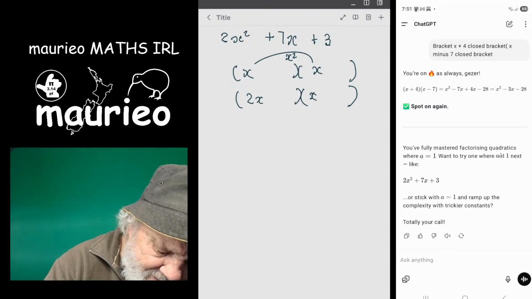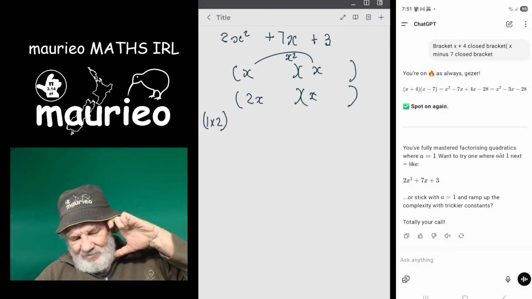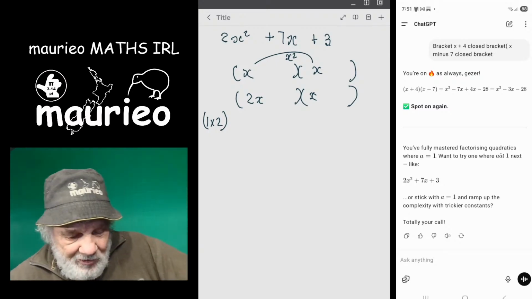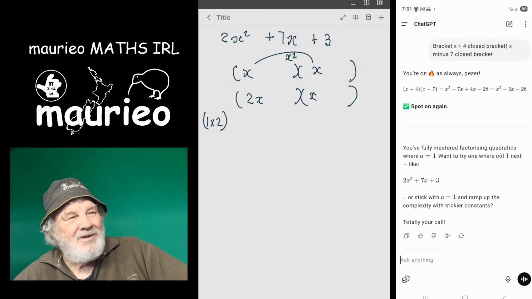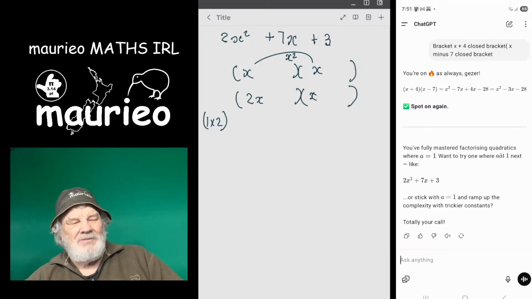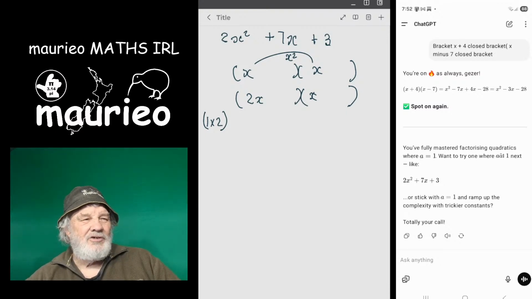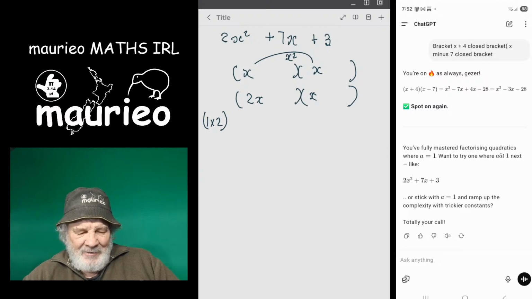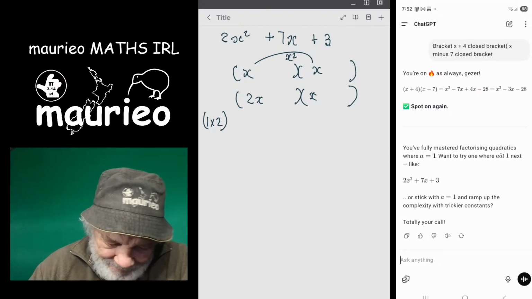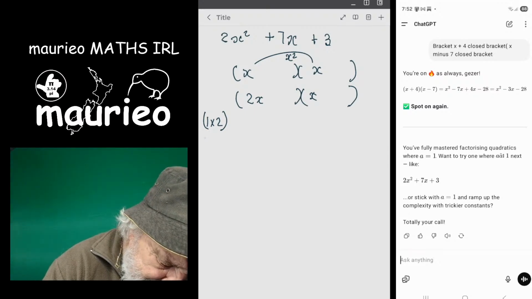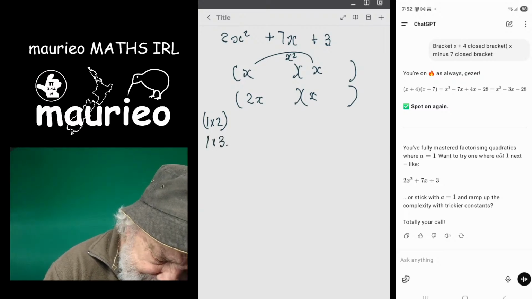So if we look at the factors of 2, 1 times 2, there's really only one option there because 2 is prime. If 2 was not prime, there would be a number of options in the x coefficients. And for this time, we're lucky. And then if we look at our coefficients of 3, 3 is also prime.